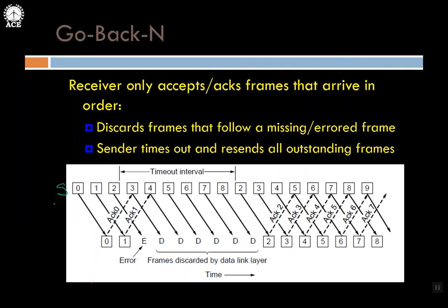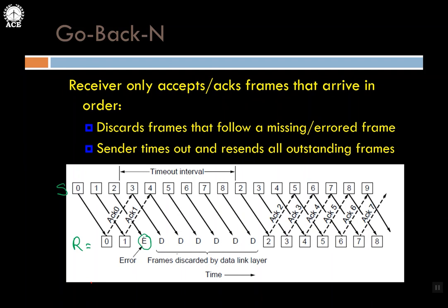The sender first sends 0, then 1, then 2. Acknowledgement 0 is sent by the receiver, so it advances to 1, accepted, fine. But frame 2 is in error. Because the sender has a larger window, it keeps on sending the other frames 3, 4, 5, 6, 7, 8, continuously up to 8.